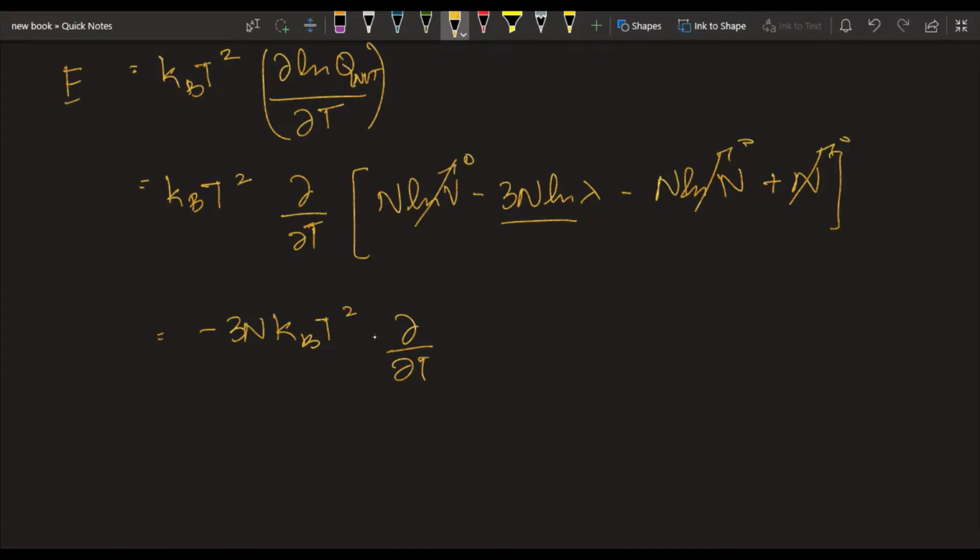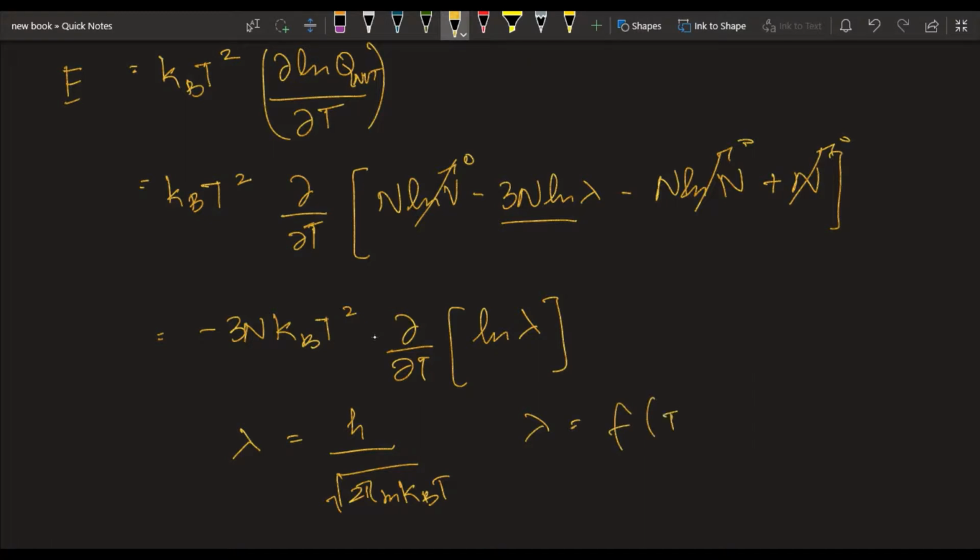Remember that lambda equals h by root of 2 pi m kBT. So lambda is actually a function of temperature, so therefore we can take this derivative. So let's see what happens.